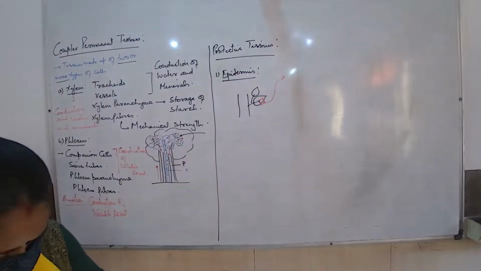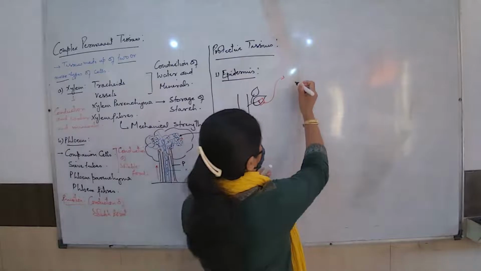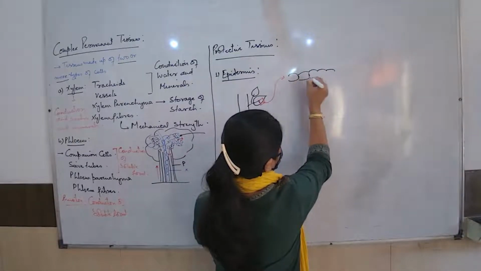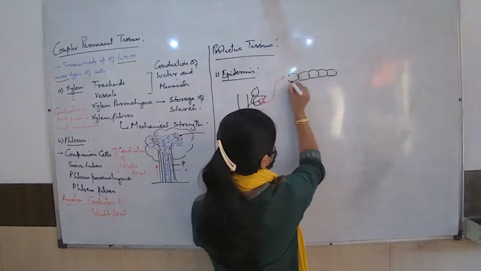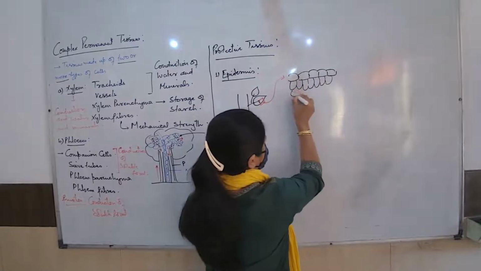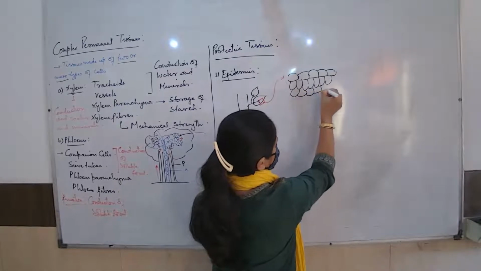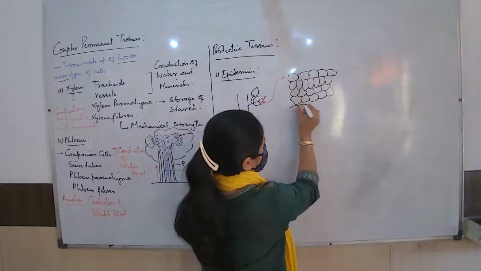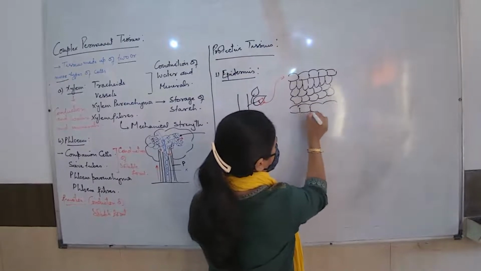In the section of the leaf, the arrangement of the cells is something like this. One lining of cells, then some more tall cells like this, then some other shapes of cells this way, and then another layer of cells here.